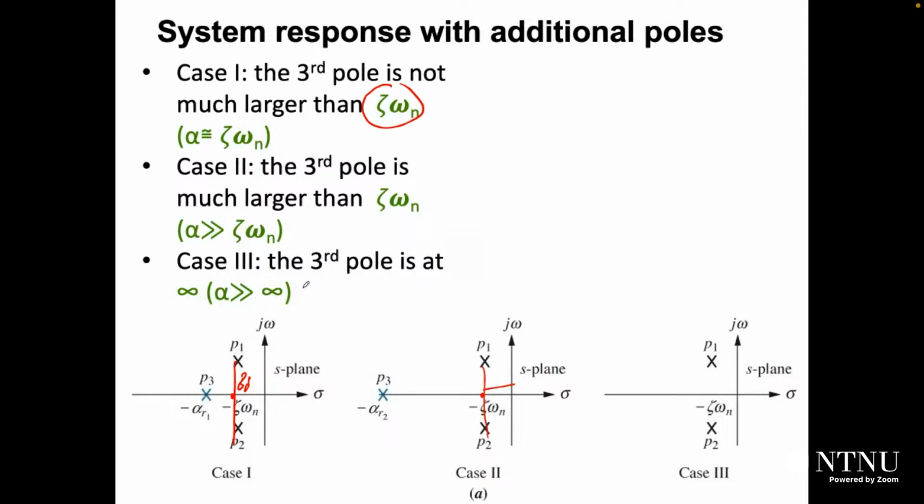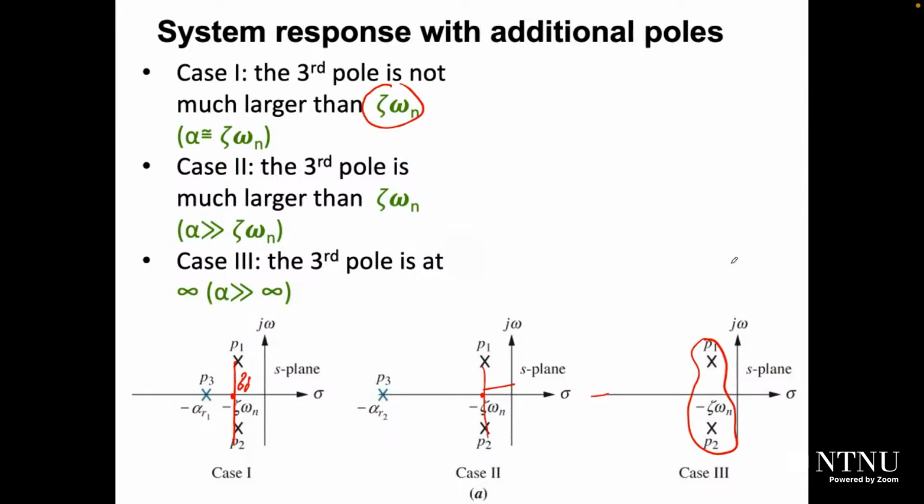And in case number 3, the third pole is at infinity. You have a third pole, but it's at infinity. When it is at infinity, it will have less impact on the system performance, because the dominant closed loop poles are the complex conjugate poles.